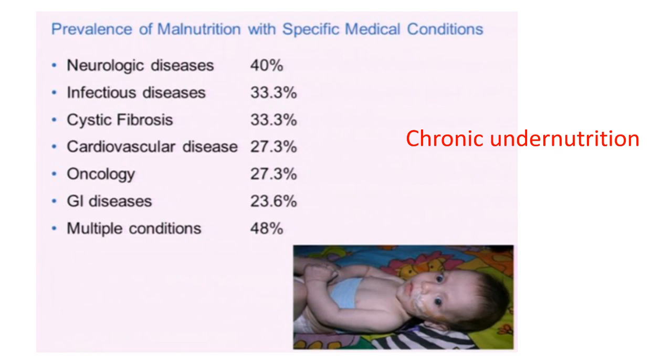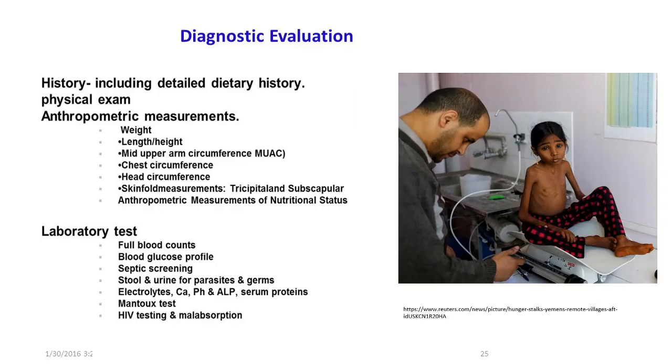Neurologic patients with perinatal brain injury, with cerebral palsy, usually demonstrate severe malnutrition. Infectious disease, especially chronic infection, cystic fibrosis, cardiovascular disease with hypoxia, and oncological disease are the leaders in the causes of malnutrition in developed countries. What should we do if we've got a patient with malnutrition?